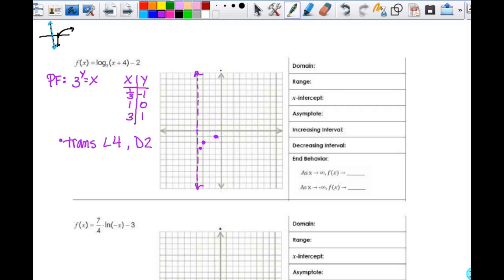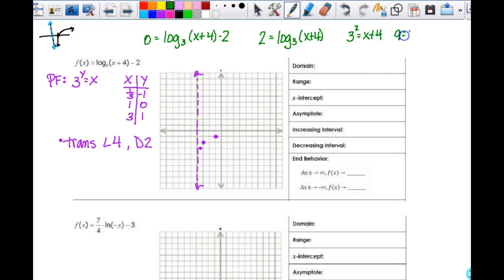So what I'm missing is my x-intercept, because I want the x-intercepts from the logs. So x-intercept I get when y is 0, so 0 equals the log base 3 of x plus 4 minus 2. So I'm going to add 2 to both sides, and I get 2 equals log base 3 of x plus 4. So now I rewrite that in an exponential, and I get 3 squared equals x plus 4.